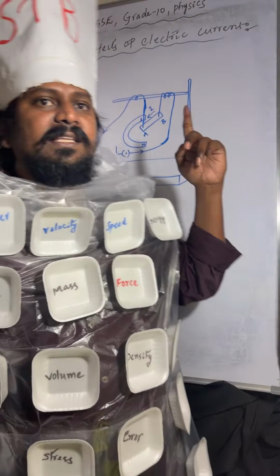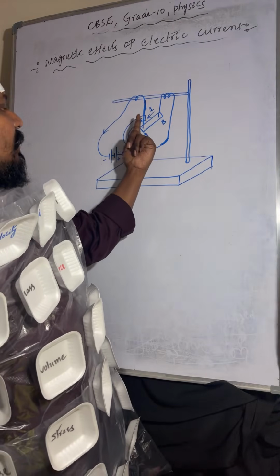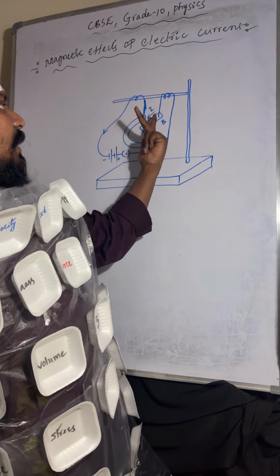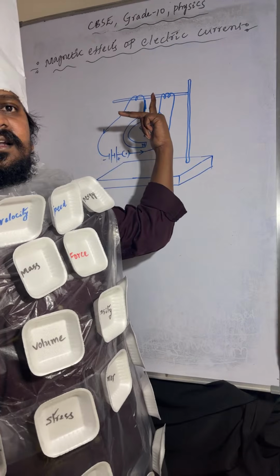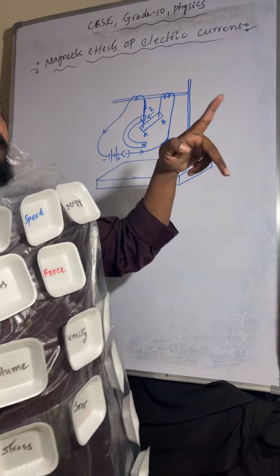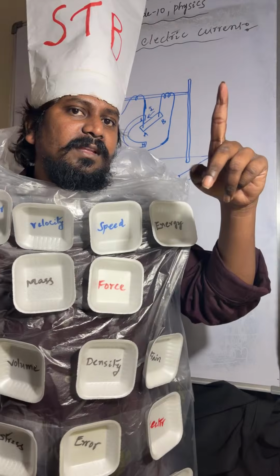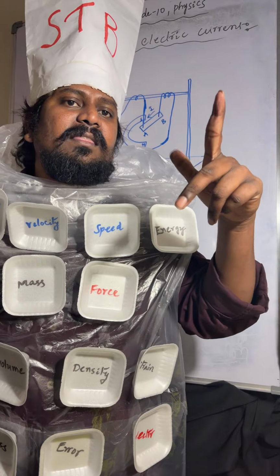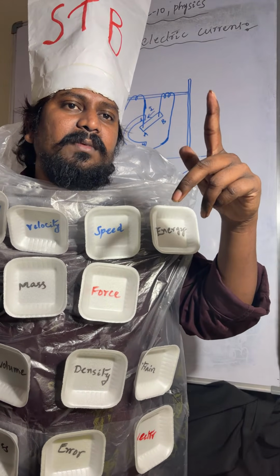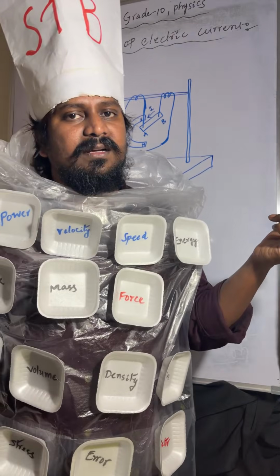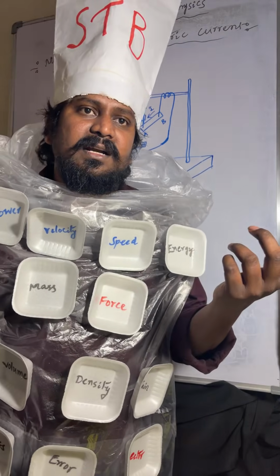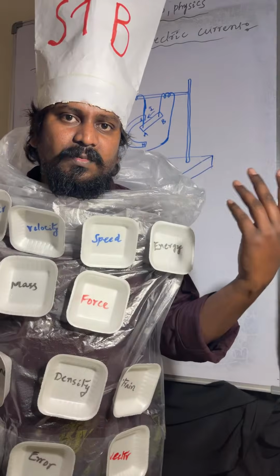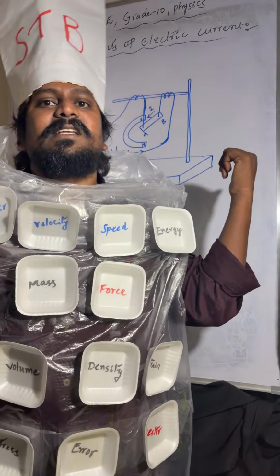Place the index finger along the magnetic field direction, the middle finger along the current direction, and stretch your thumb. Along the thumb direction, the force will act on the conductor. So the conductor will move towards the board.